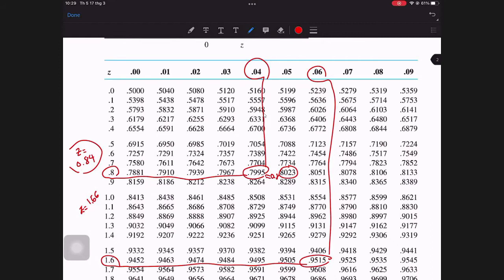So for example, if 0.8023 here has the same distance to 0.8 as 0.7995, then we'll take the average of 0.84 and 0.85, and we have 0.845. But in this situation, the closest value to 0.8 is actually 0.7995. So we'll just take this value directly.